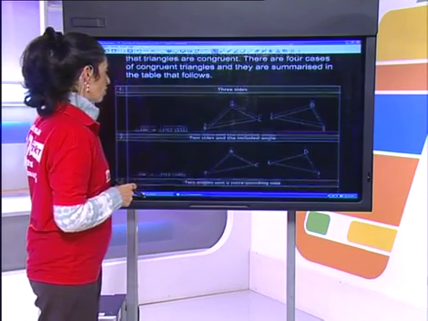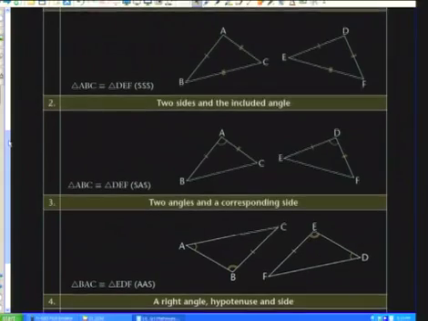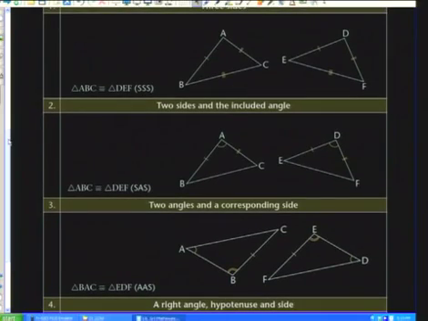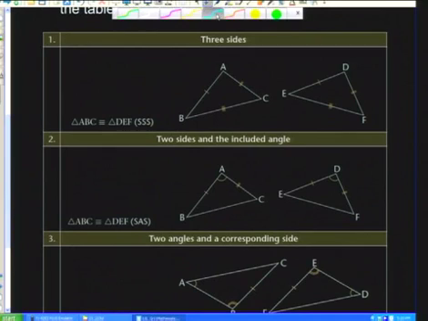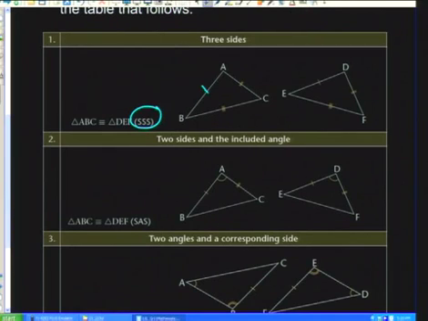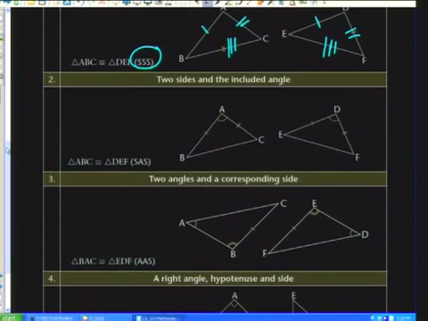If triangles are congruent, we get 4 different categories of congruent triangles, and that is if 3 sides are equal. So we will have side, side, side. If 3 sides are equal in 2 different triangles, they're congruent. We also can get the condition where we've got 2 sides and an included angle.